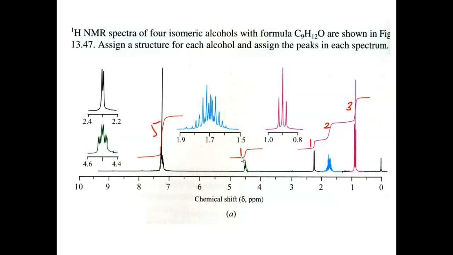The first, very eye-catching one is the peak at 7 ppm. The peak shape is very ugly, and the spin splitting of this peak is very, very complicated.